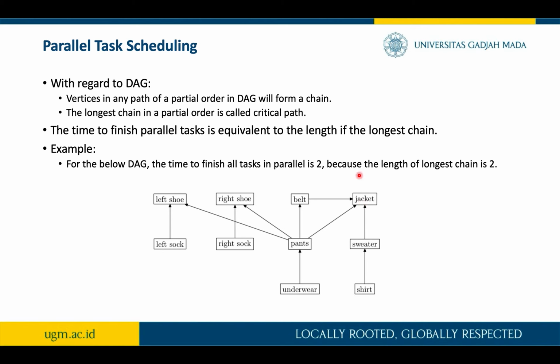It should be placed a bit higher here, so that we can see the chain. So this is the longest path. 1, 2, 3, 4. So the time to finish all tasks here in parallel is 4, because the length of the longest chain here is also 4.